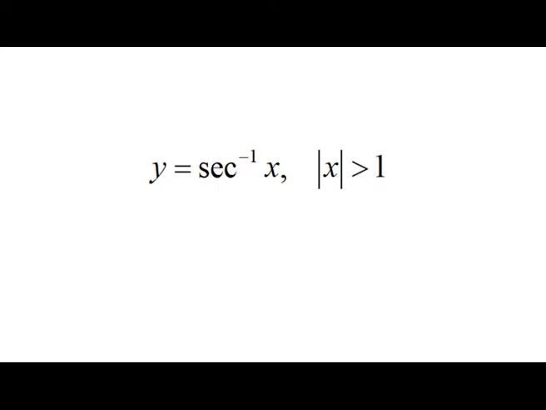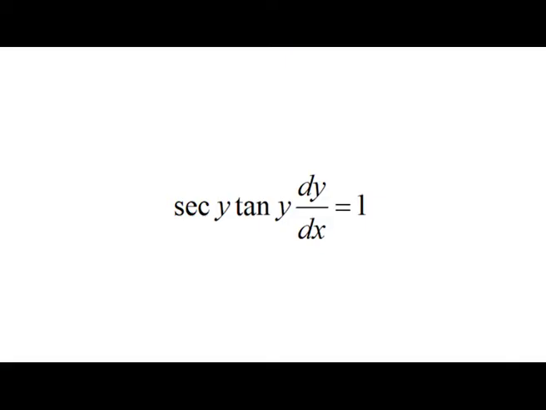We will write y equal to sec inverse of x with mod x greater than 1 in the form sec y equal to x with mod x greater than 1. Now, differentiating with respect to x, an application of chain rule gives that sec y into tan y into dy by dx equal to 1.